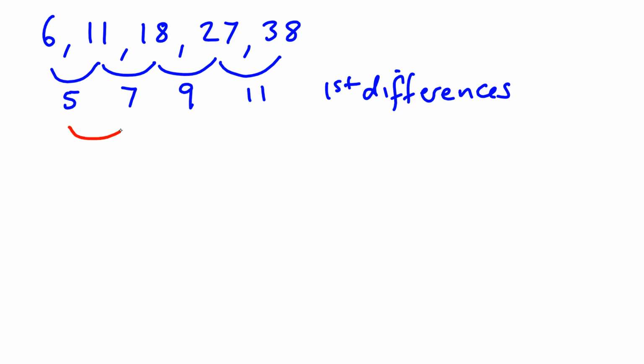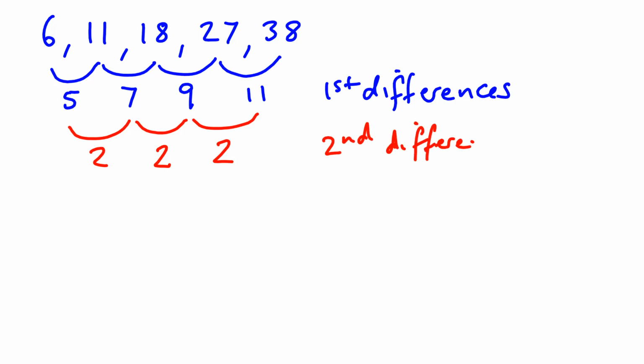From 5 to 7 we're going up 2, from 7 to 9 we're going up 2, from 9 to 11 we're going up 2. These are called the second differences. Now if the second differences are equal, as they are in this case, that tells us it's going to be a quadratic sequence, a quadratic nth term.